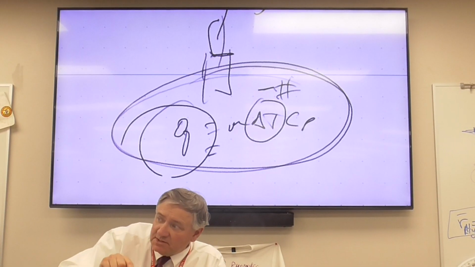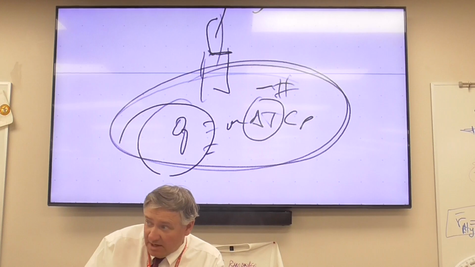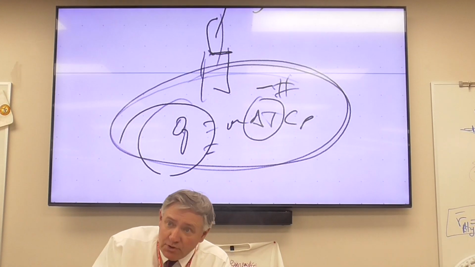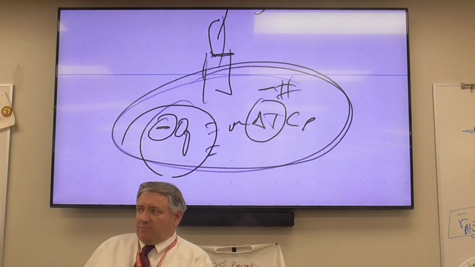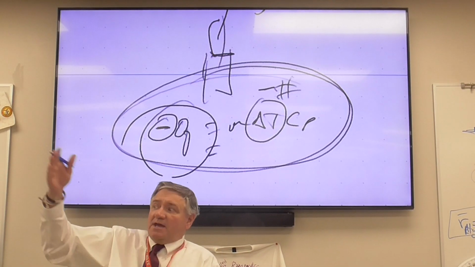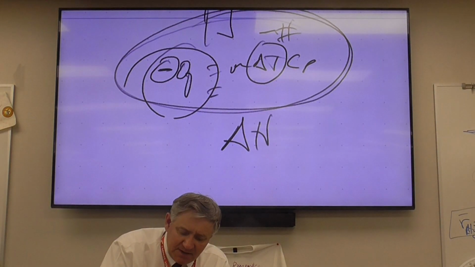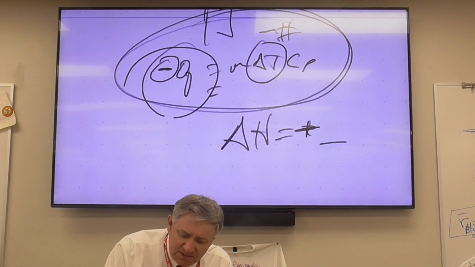And you know it lost energy because the little speedometers decreased. You slowed things down. So Q for the surroundings is a negative number, which means Q for the system is going to be a positive number. So this is why when you calculate that delta H, you're going to have a positive number.